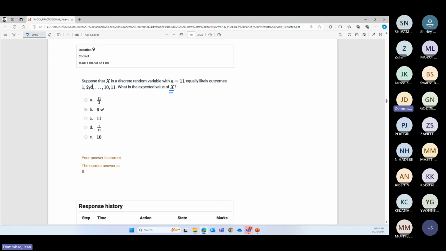Each one would have been, you have your outcomes, all of them have that probability. So if you did not use Excel, what you need to say is 1 times that plus 2 times that, 3 times that, because that's from 1 to 11.